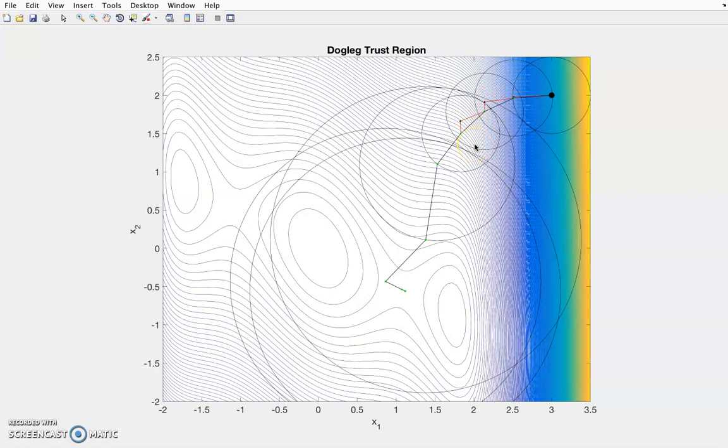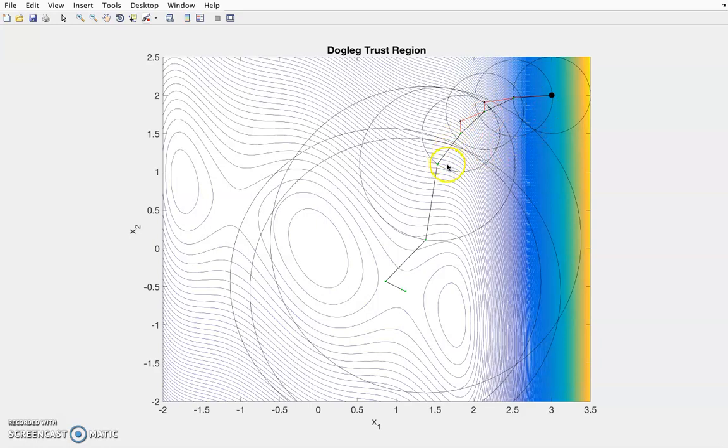Red is kind of zigzag, but the black is more efficient. Instead of 2 steps here, we just do 1 step, like another 2 steps in a zigzag pattern of steepest descent, we just do 1 step. So this is a bit more efficient.